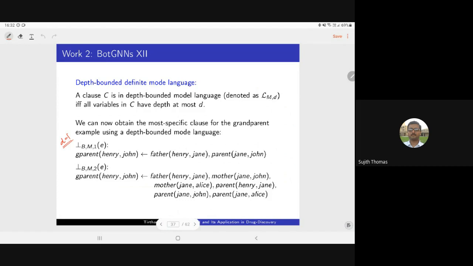Henry has a depth of 0, John has a depth of 0, Jane has a depth of 1, and so on. So none of these variables have a depth of more than 1. Similarly, if I'm imposing a depth of 2, the terms that appear in the body or the head must not have a depth greater than 2. So all of these terms have depth at most 2.